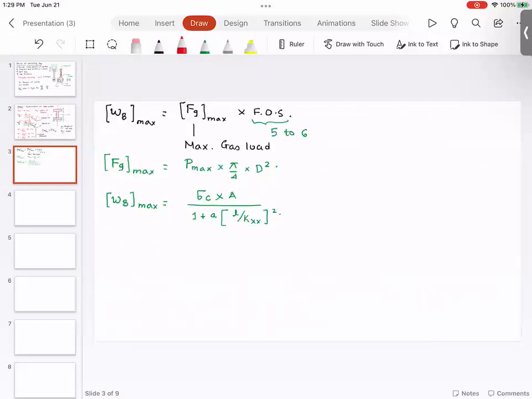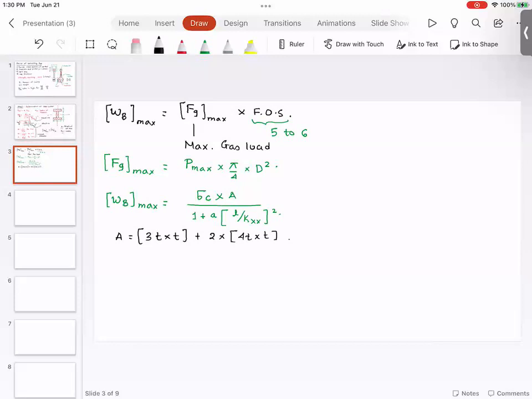So A is T times T plus 2 times 4T times T. And sigma C for that particular material will be known.